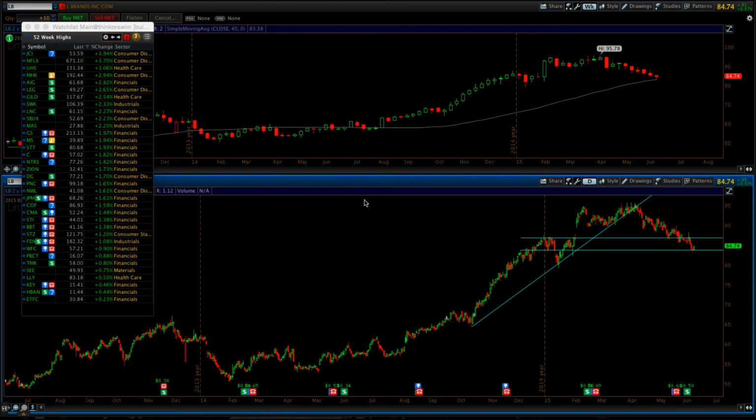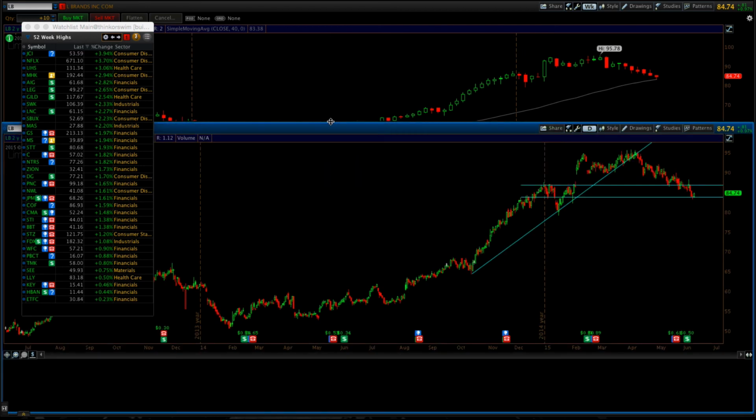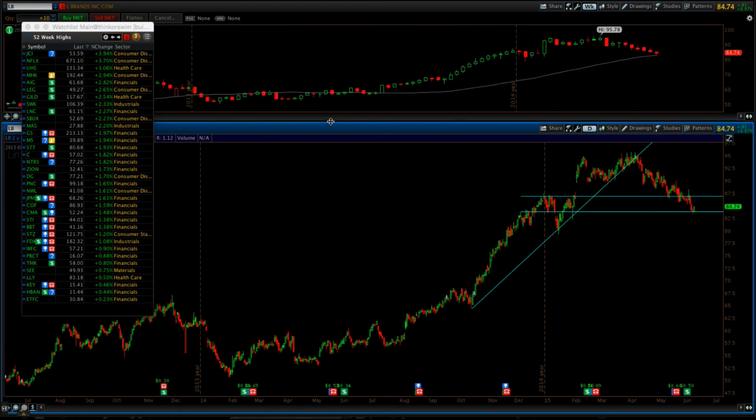We had a great day in the market, almost too many trade ideas to single out any one or two. So we're just going to go through a scan that I have set up in my account. It's for 52-week highs, and this is exactly how I would do it.